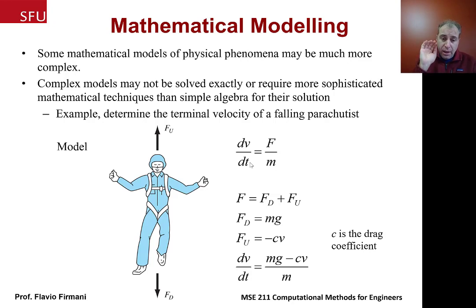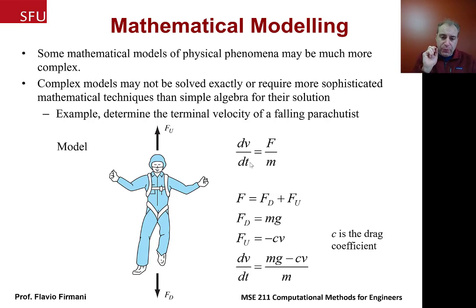As the parachutist jumps off the plane, he comes down, releases the parachute, and it's going to gain velocity. But there is going to be a point where the velocity will reach the maximum, and it's going to remain constant all the way to landing to the ground.